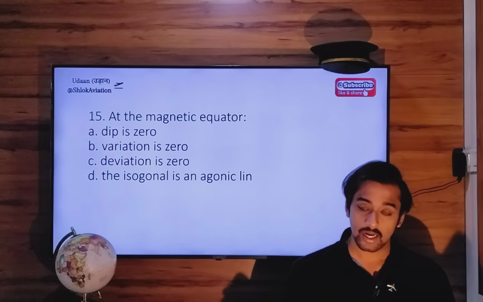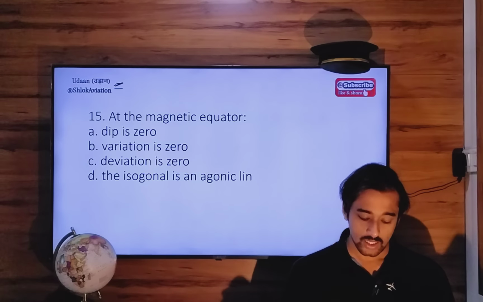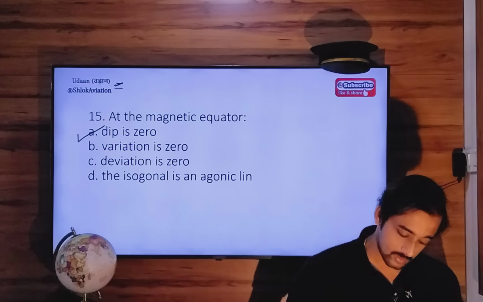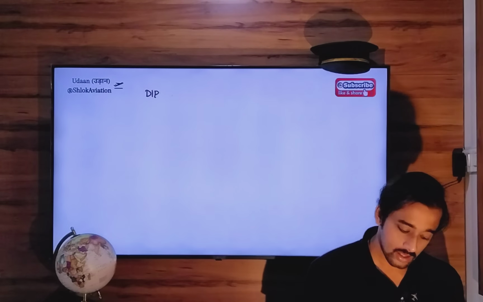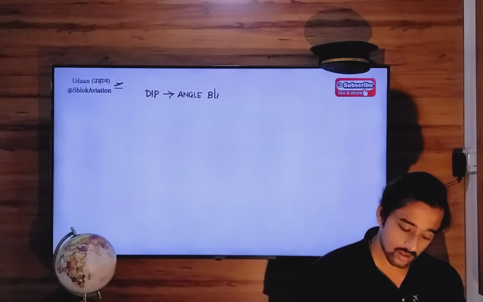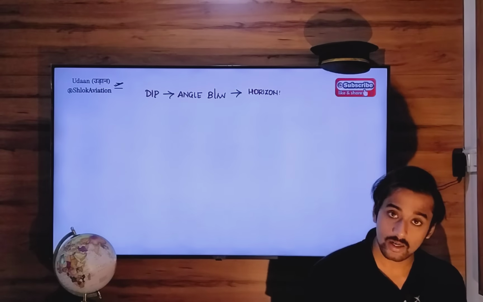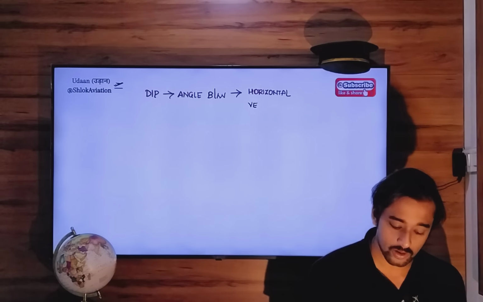Remember. Next, question 15. At the magnetic equator, dip is 0, variation is 0, deviation is 0, the isogonal line is an agonic line. So the correct option will be option A. Now what is dip? Dip is nothing but the angle between the horizontal component of the Earth magnetic field and the vertical component.